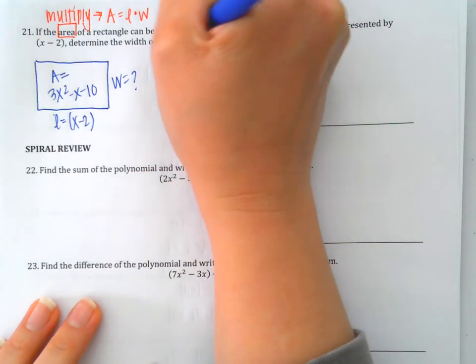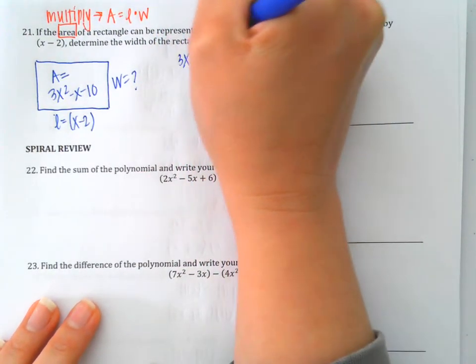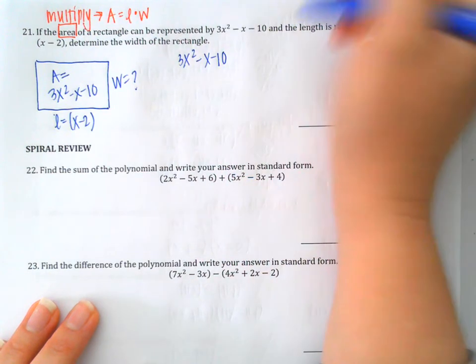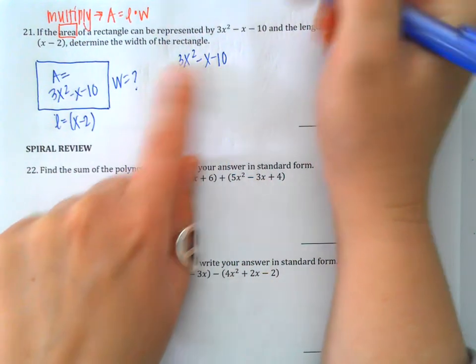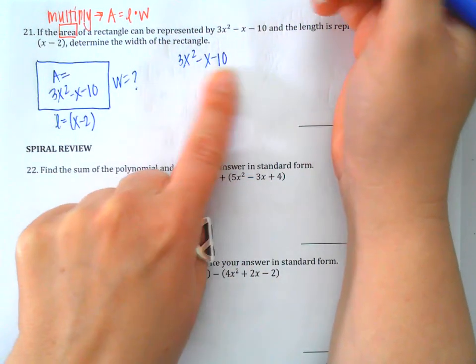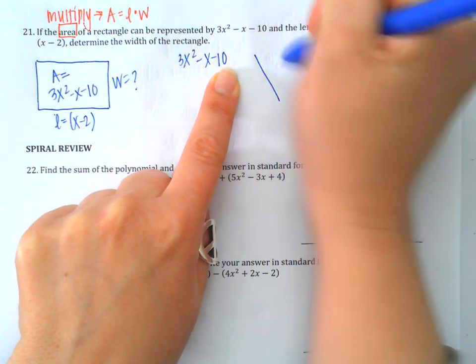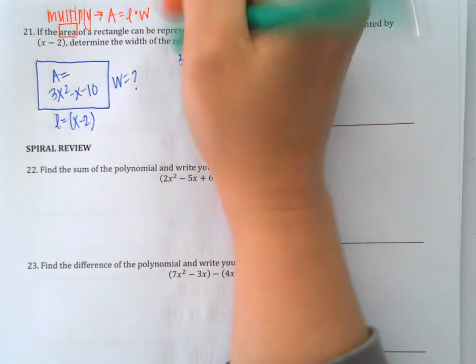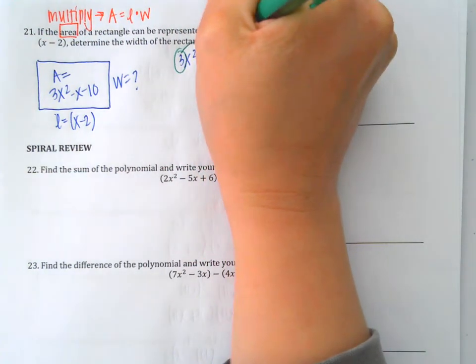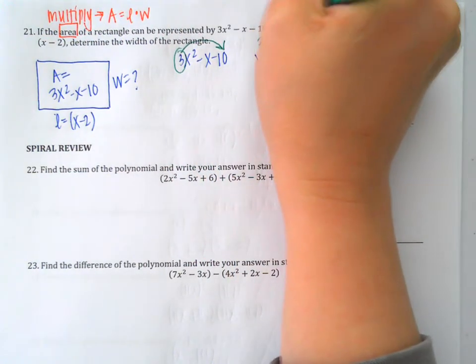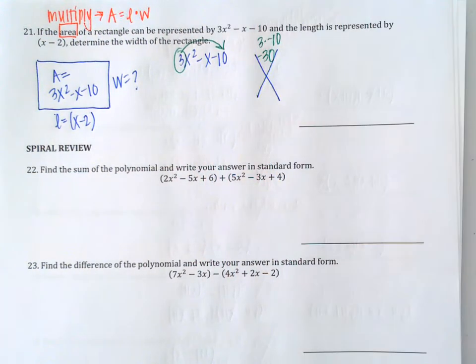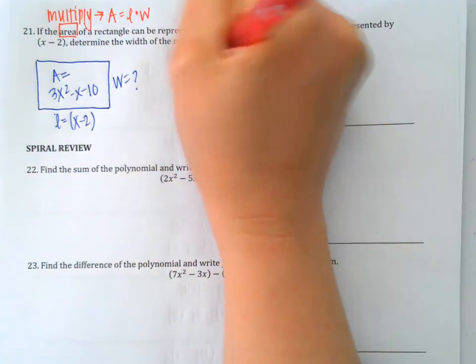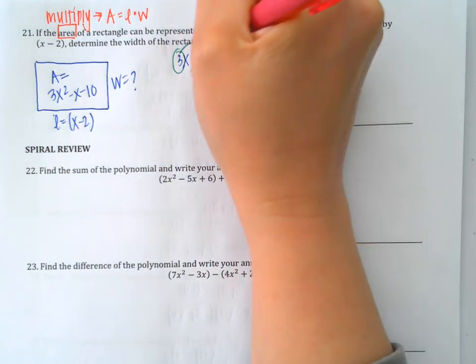I'm going to factor 3x squared minus x minus 10. That's my 3 terms, so I'm going to split the middle term, and I'm going to draw my big X to start with. So 3 times negative 10 is negative 30, and my B term is negative 1.